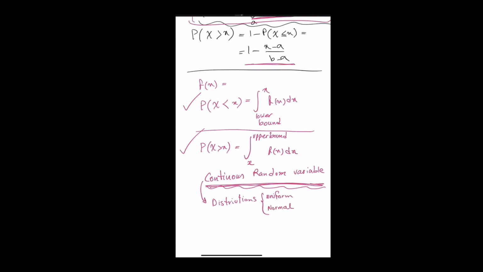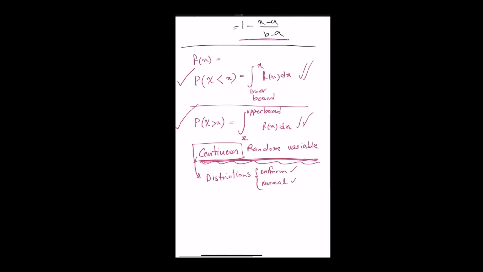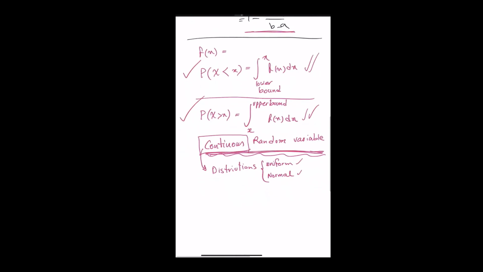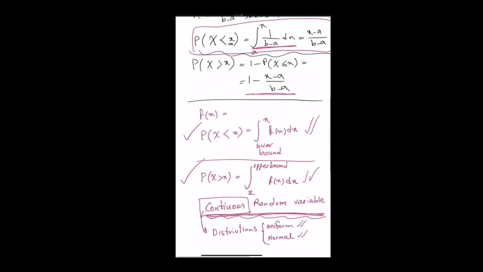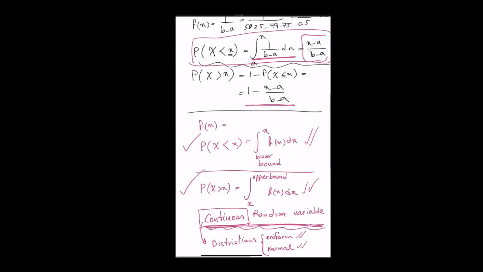But the formulas, for example, these formulas are applicable to any continuous random variable. You can apply them to uniform and normal as well. The only thing that happened in those videos is that these formulas were applied to uniform and normal, and you saw some final formulations similar to this one.